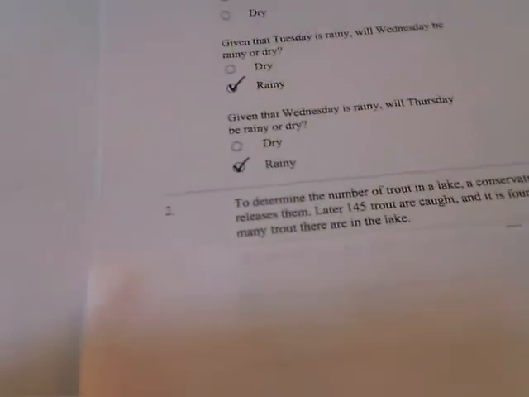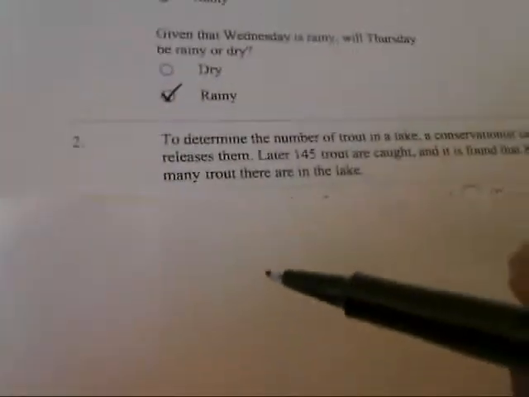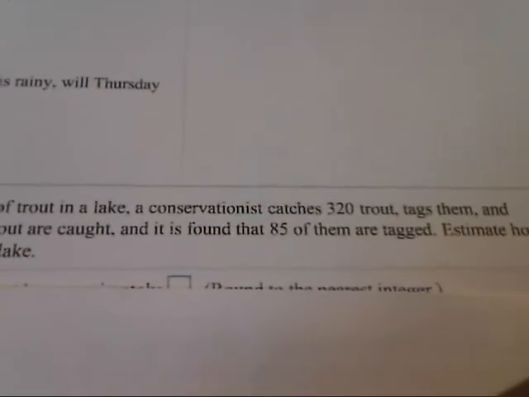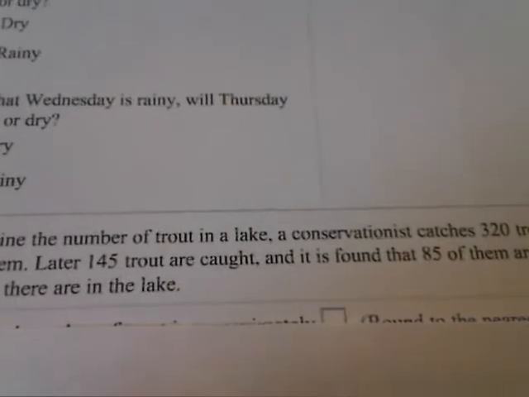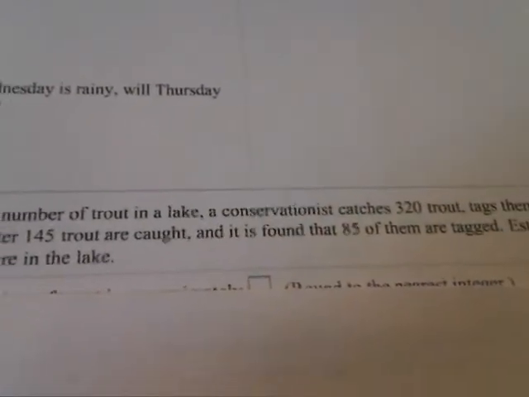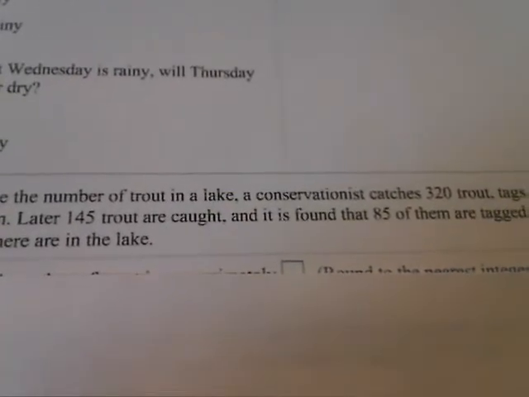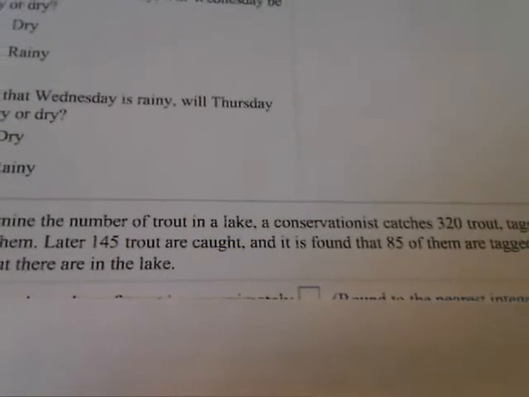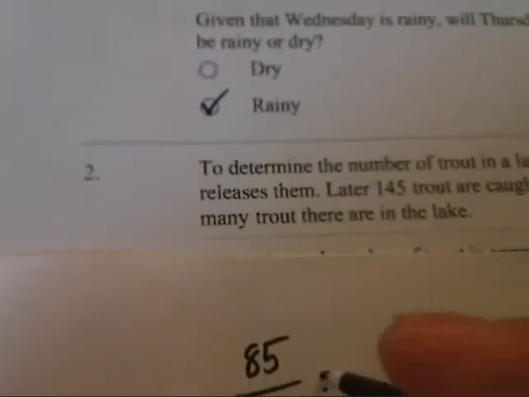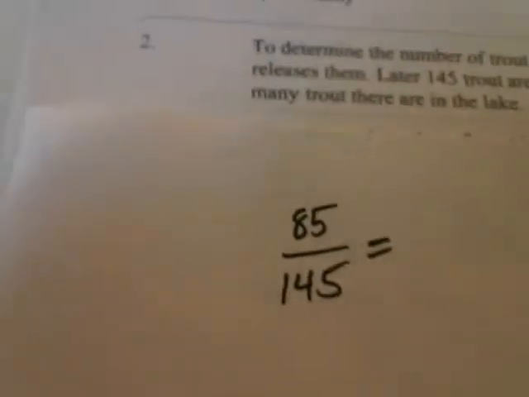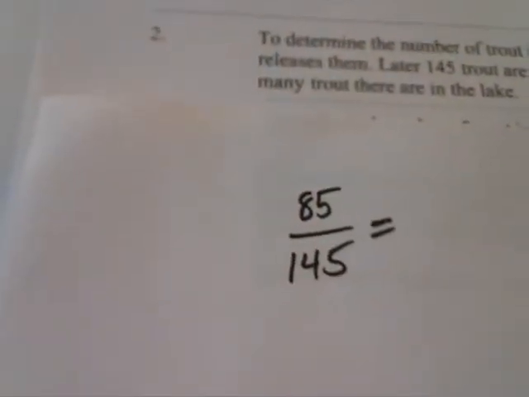With this particular problem, we're going to have to work backwards to find out how many trout there are in the lake. We're told that 85 of the 145 are tagged, because we caught 145 and 85 of those trout are tagged. So as a fraction, it'll be 85 over 145, and this will be reduced to its simplest form.